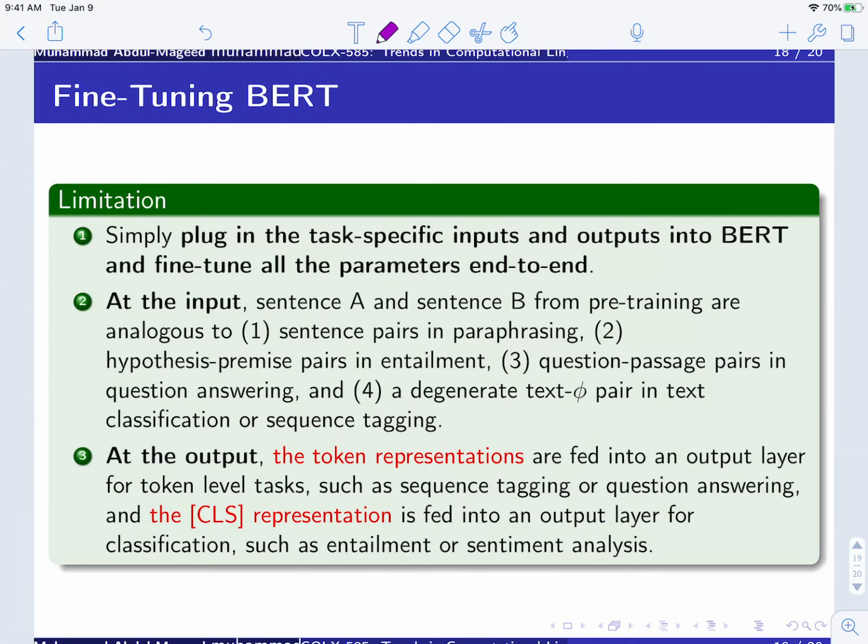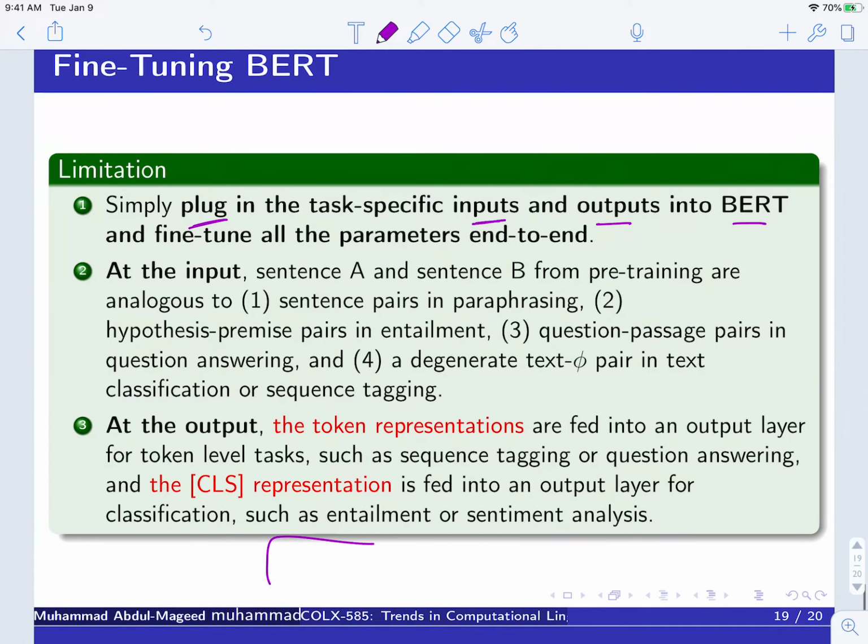How do we fine-tune BERT? I think I've already explained this to some extent, but they are basically saying that we can plug the task-specific inputs and outputs into BERT. BERT has a pre-training stage and a fine-tuning stage.